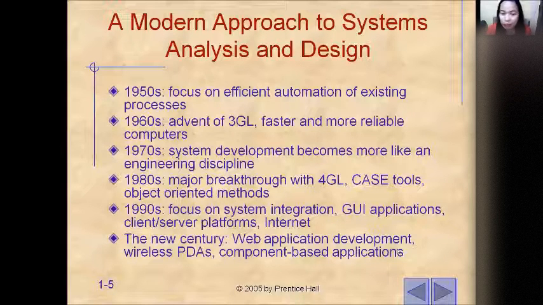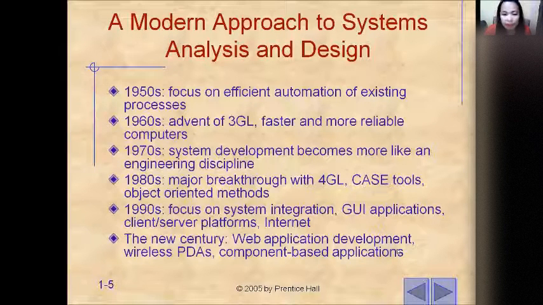What are the examples of a 3GL? We have Java. It means high-level programming language. We have Java, C, and C++. Those are third generation languages, which made computers faster and more reliable.